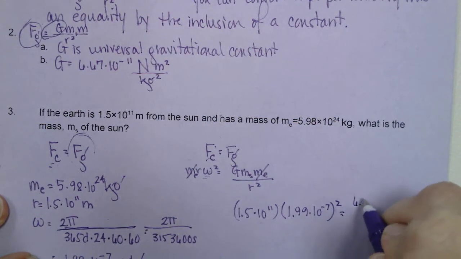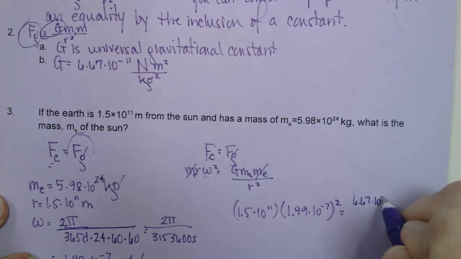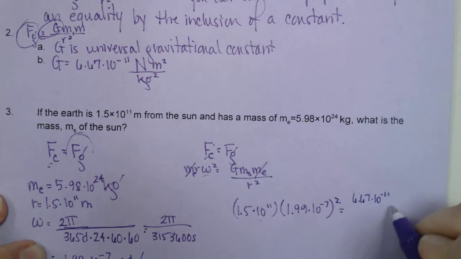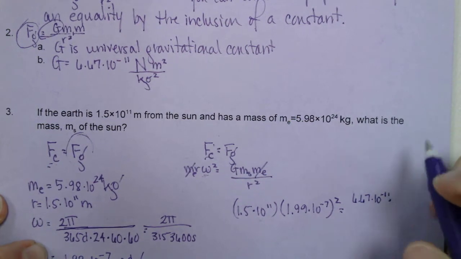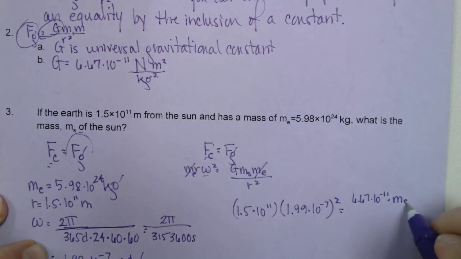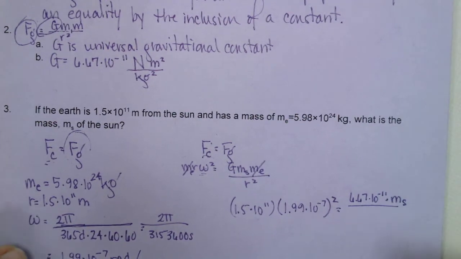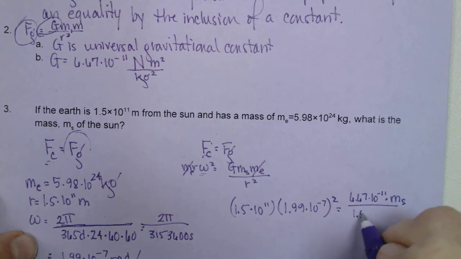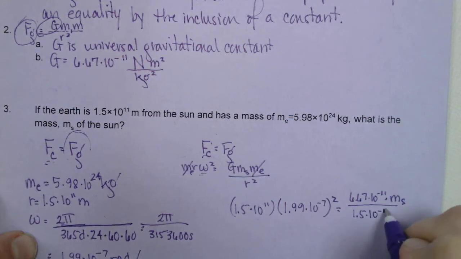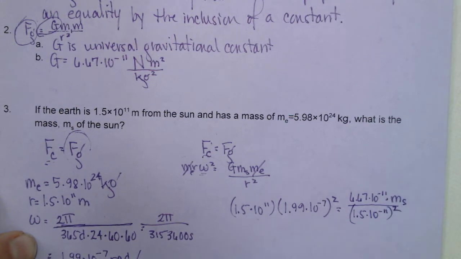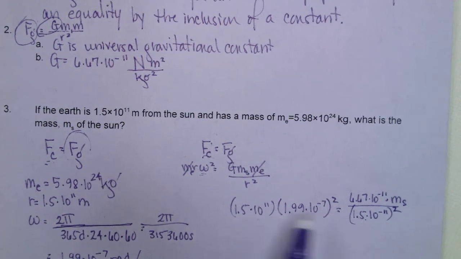Is equal to 6.67 times 10 to the negative 11, that's my capital G, times the mass of the sun, which is what I don't know, so I'm just going to leave it as m sub s, all over 1.5 times 10 to the negative 11 quantity squared. These do not cancel out.